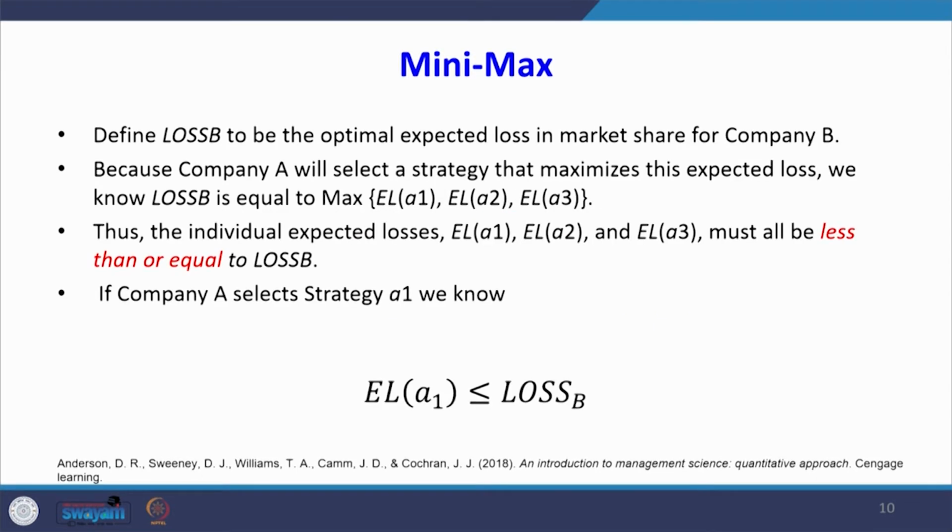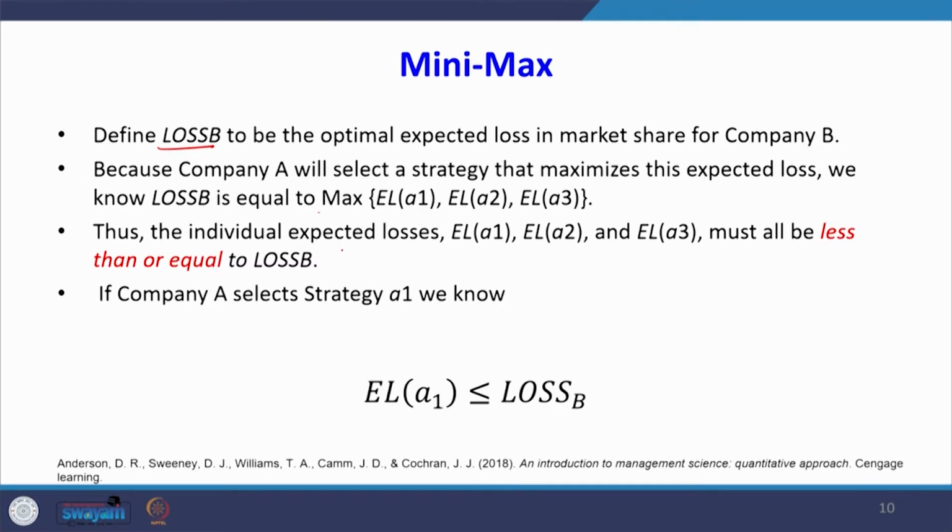Now, we are going to introduce another decision variable called loss B. So, define loss B to be the optimal expected loss in the market share for company B, because company A will select a strategy that maximizes this expected loss. So, we know loss B is equal to the maximum of these losses.